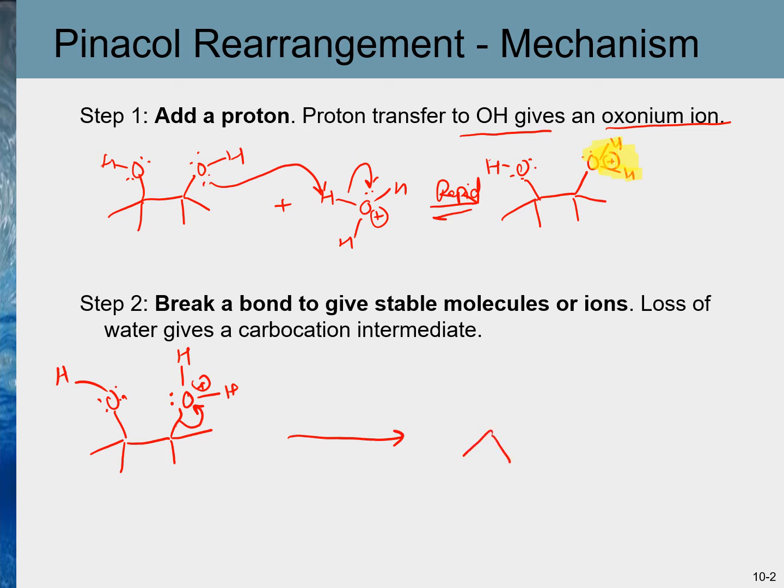The resulting carbocation is a tertiary carbocation, and we know that tertiary carbocations are the most stable kind of carbocations.